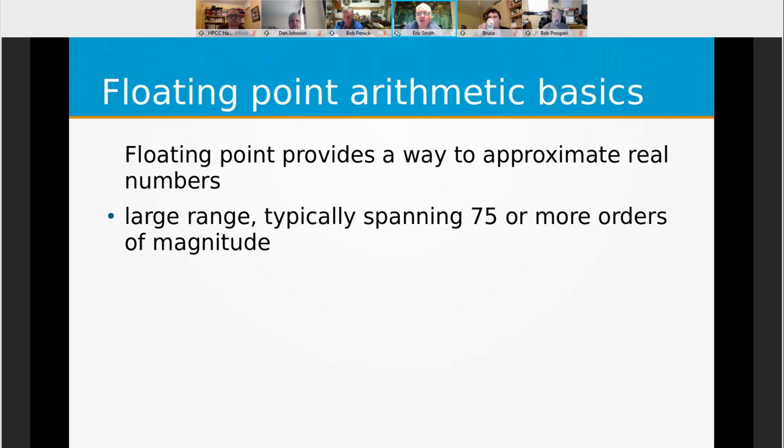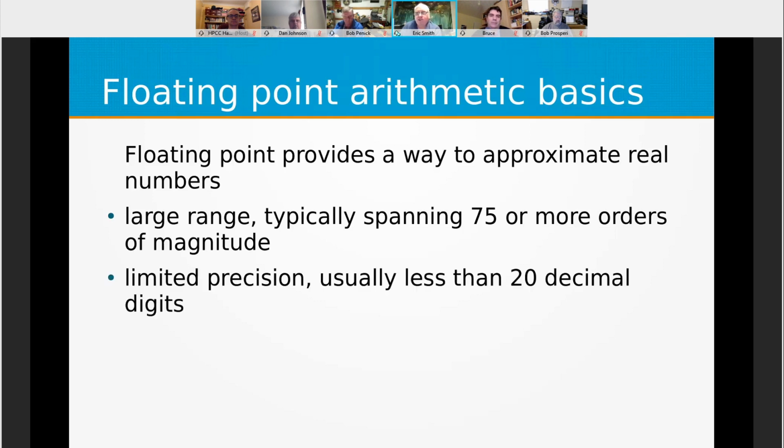So typically floating point allows 75 or more orders of magnitude of range in your numeric representation, but only a limited precision. Now there exist, as Cyril mentioned earlier, arbitrary precision math packages, but your normal floating point arithmetic representation usually has less than 20 decimal digits of precision, sometimes a lot less.